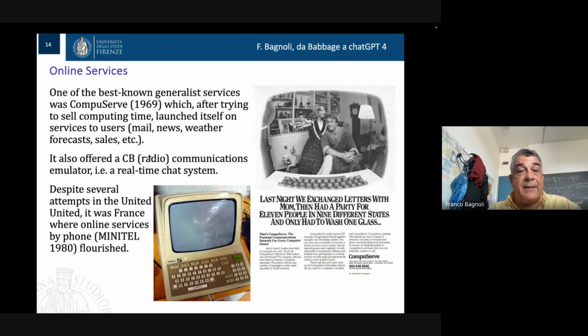This was one of the main channels by which computers entered the home or families' houses. The idea was to offer essentially news, booking of hotels, flights, and so on.